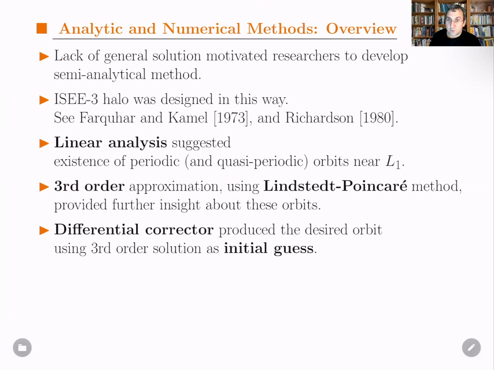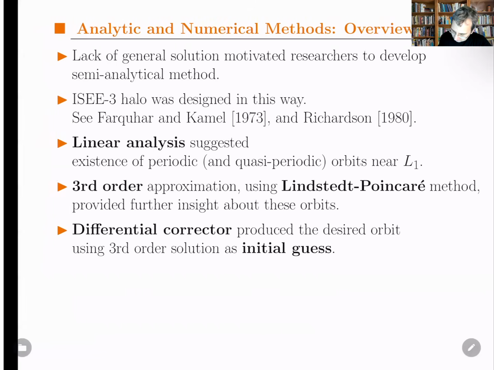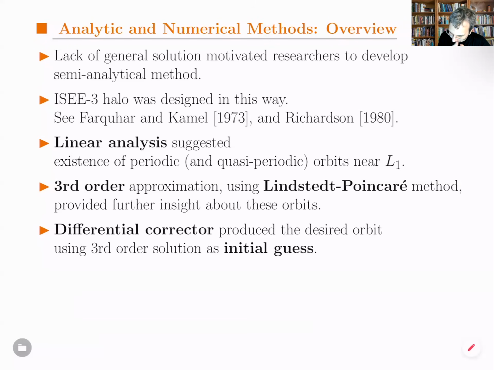So what are we going to do? Well, some initial work several decades ago looked at analytical ways to approximate halo orbits. And to actually see when halo orbits come about, you need to get a higher order approximation than just linear. There's a third order approximation that was first done by, the first one I saw was by Richardson, and he used something called the Lindstedt Poincaré method, which I'll say a little bit about, but I'm not going to go into great detail.